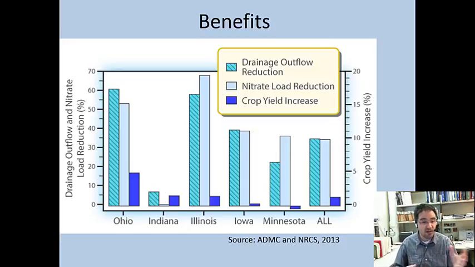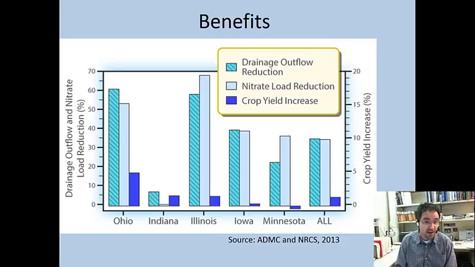And really that's what we see. In general, we see very similar nitrate load reduction percentage as we do drainage outflow reduction percentage. So as we look at this, all told, we're somewhere in that 30 to 40% reduction in the volume of drainage and nitrate load from these systems.